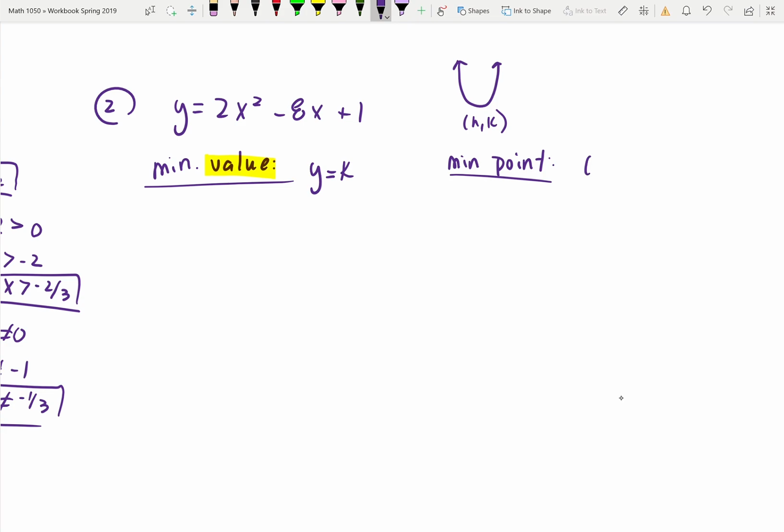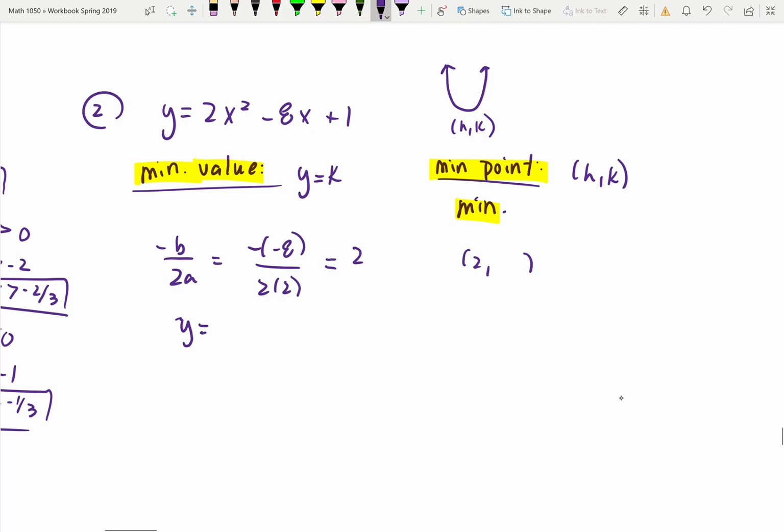If they want the point, or even just ask for the minimum, then you're looking for the h and the k. So you go negative b over 2 times a. That's negative 8 over 2 times 2. That's 8 over 4, which is 2. So you know the minimum point is 2 comma something.